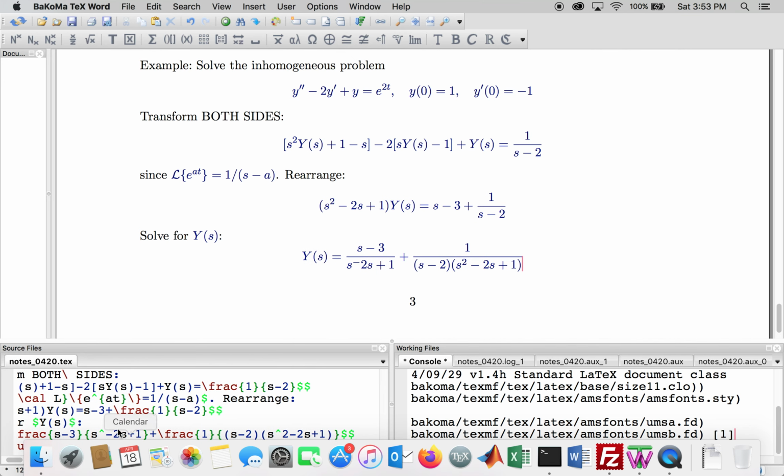And I see that I have a typo over there. Okay. So that's the Laplace transform of my solution.